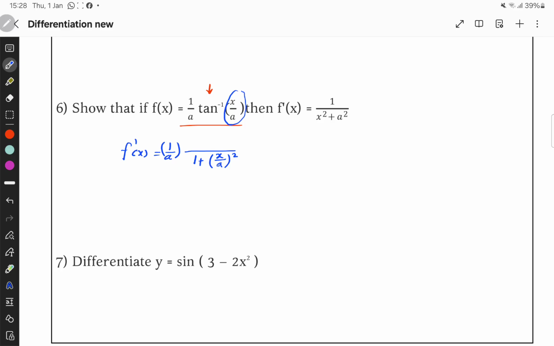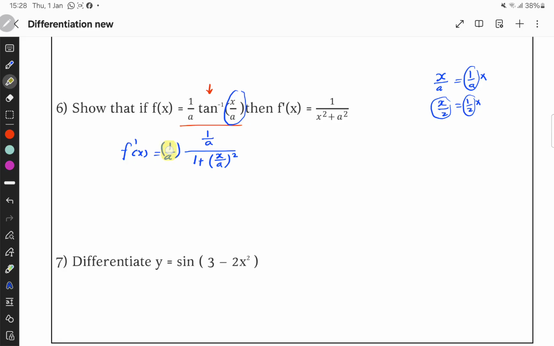And the derivative of x over a. x over a in mathematics means 1 over a times x. x over 2 means 1 over 2 times x. So the derivative of x over 2 will be 1 over 2. And also the derivative of x over a will be 1 over a. So the derivative of that will be 1 over a.